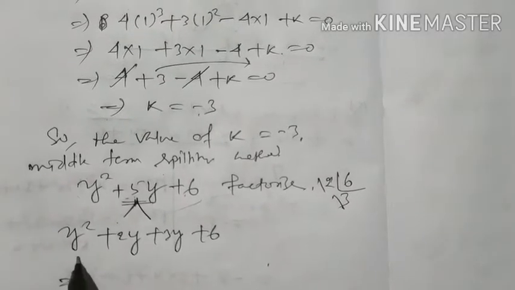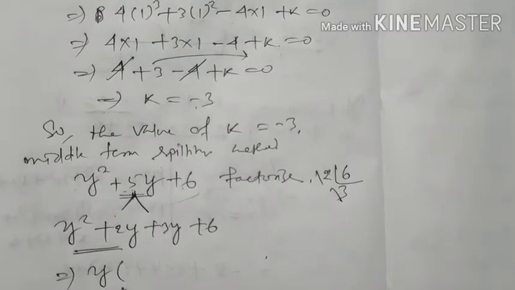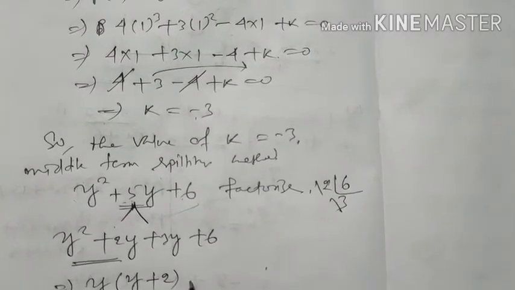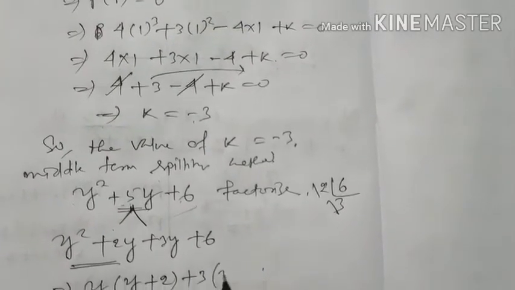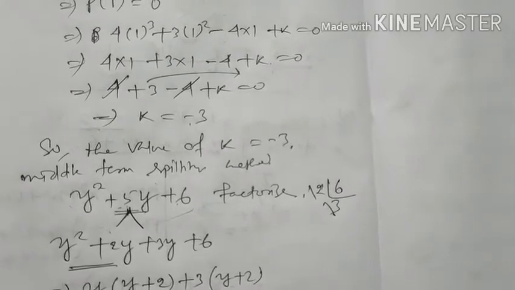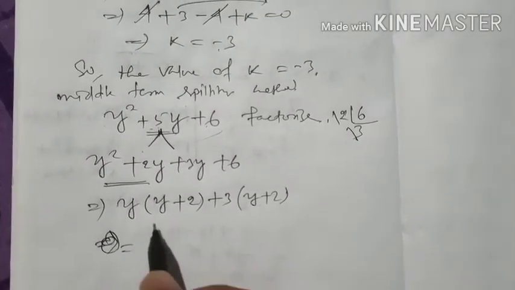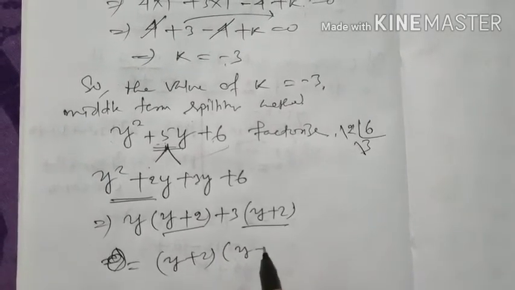So in the first two terms, what will be the common term? That is y. If we take y common, then we will get y plus 2. Here, if we take 3 common, then we get y plus 2. Now in the next step, if we take y plus 2 as common, then we will get y plus 3.